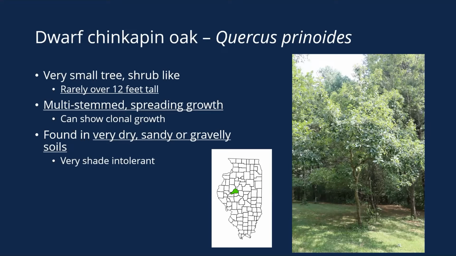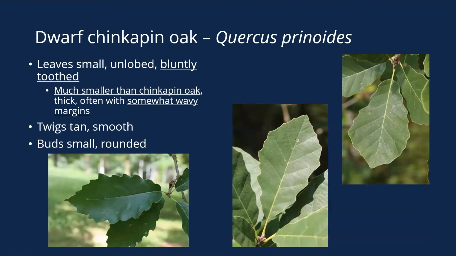It can be very difficult to tell apart from chinkapin oak, unless you're familiar with it. Overall, the leaves tend to be much smaller. One reference I found said it often has 8 or fewer lateral veins on the leaves, so tiny leaves, bluntly toothed, and often a wavy margin. The teeth are so shallow that they're often wavy, and it's just overall a smaller plant.